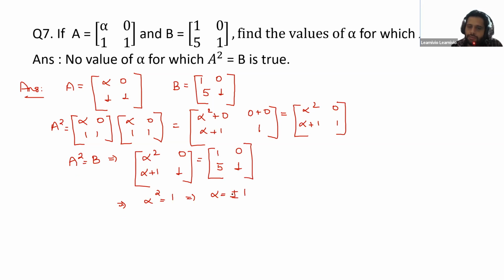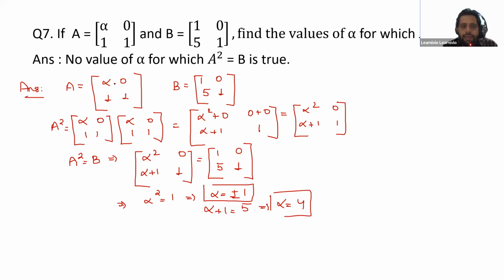Please note this down. So alpha will be plus minus 1. And from alpha plus 1 is equal to 5, we get alpha is equal to 4. So we are getting these values. So we can say there is no value of alpha for which A square is equal to B.